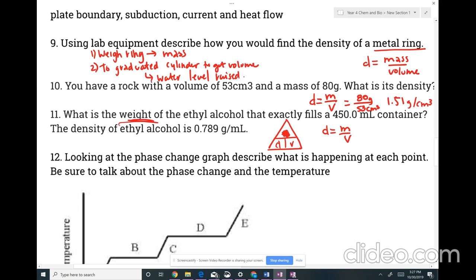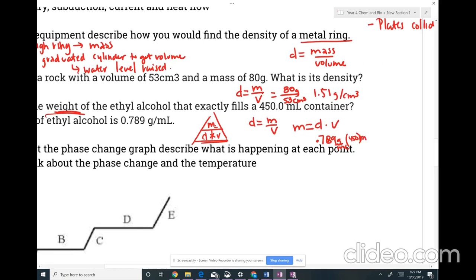If you remember, when you go from top to bottom, you're dividing, and when you're going across, you're multiplying. So in this case, M is going to equal D times V. I multiply 0.789 grams per milliliter times V, which is 450 milliliters.